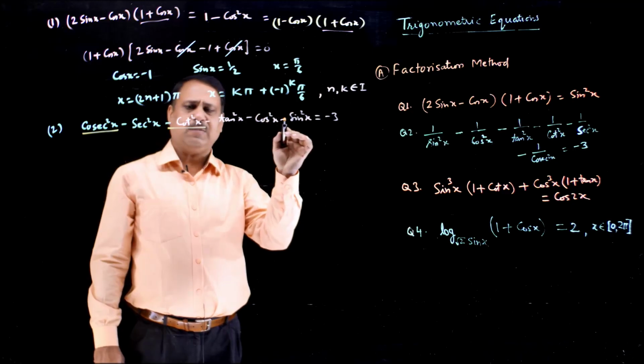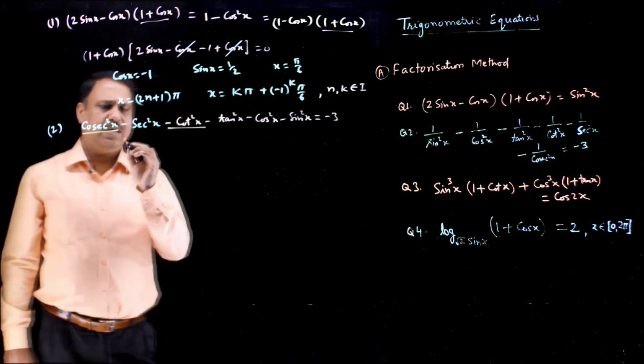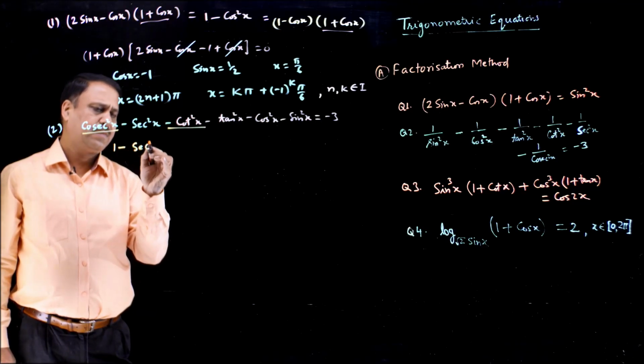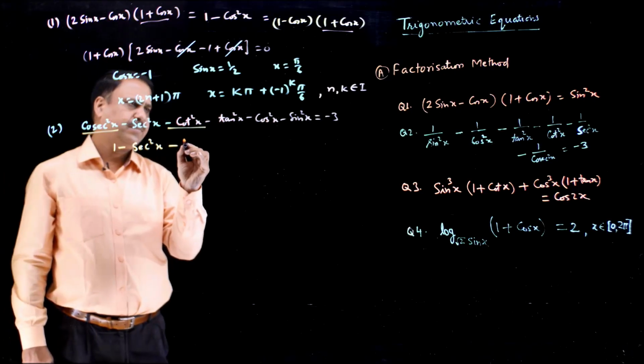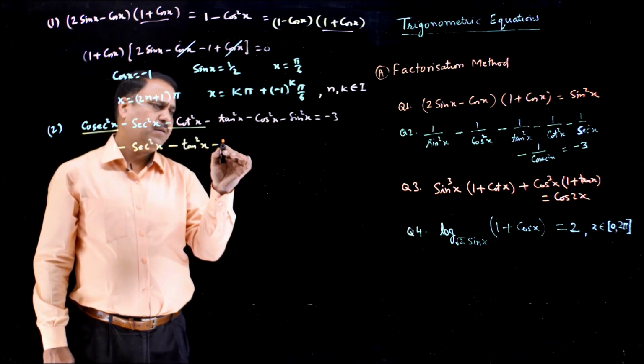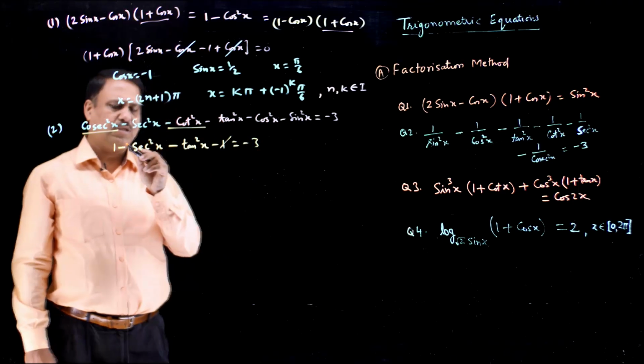This is minus 1, so they will cancel out. So we will have 1 minus sec square x minus tan square x minus 1 is equal to minus 3. So this 1 will cancel out this 1.